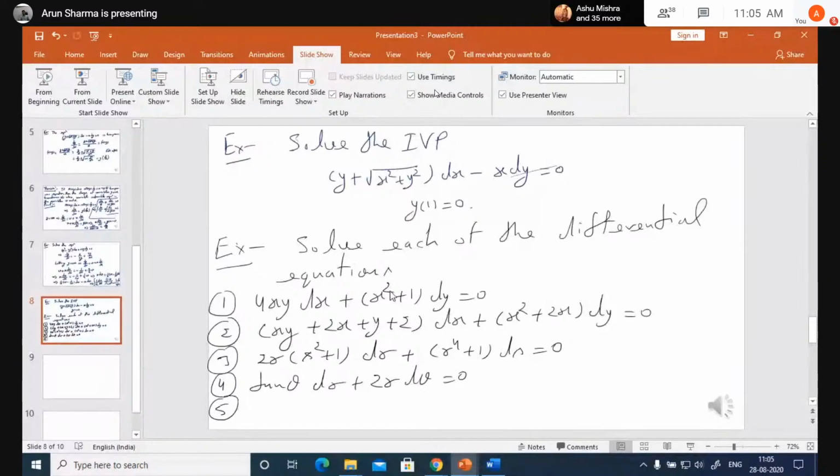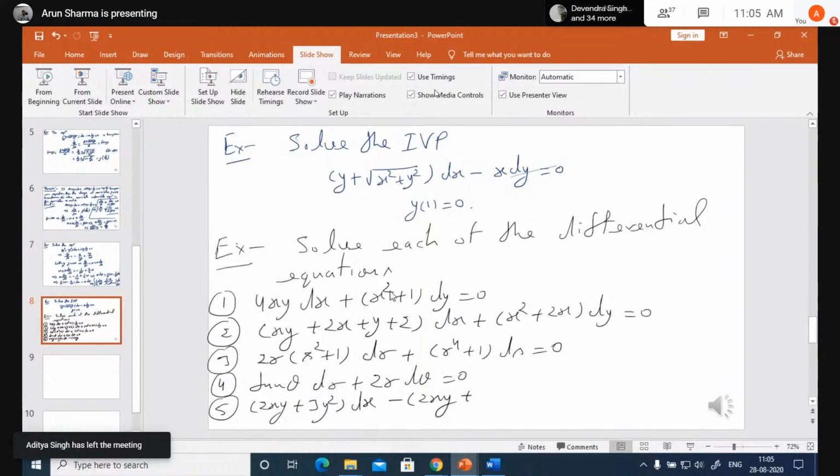Fifth is 2xy plus 3y square dx minus 2xy plus x square dy equals to 0.